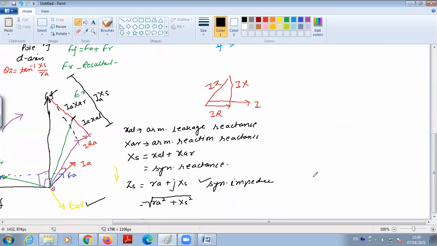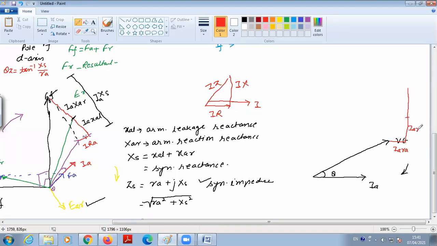This is your armature current IA, and this is your terminal voltage. The current is lagging by an angle theta, always in the anti-clockwise direction. Where will be the armature resistance drop? It is in phase with the current. So I can represent IA Ra as the armature resistance drop. Then there is a reactance drop, two reactances.